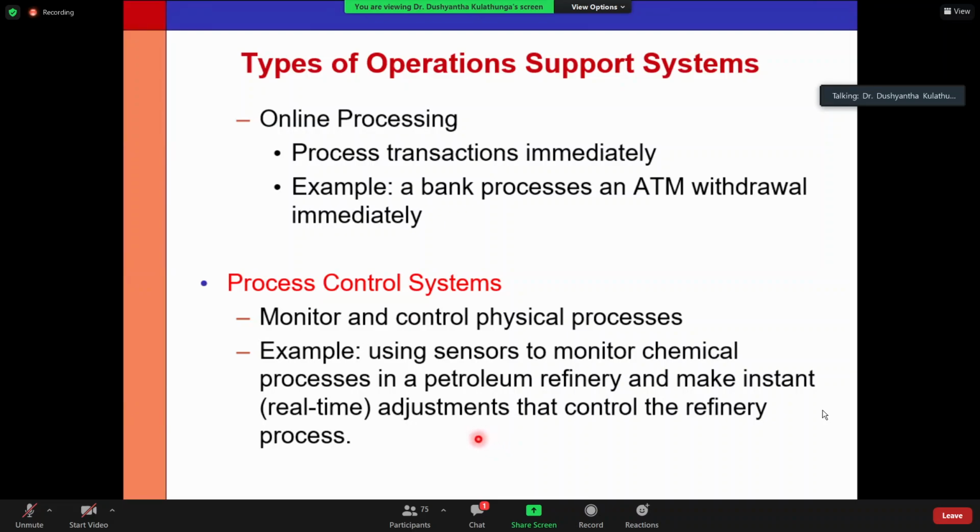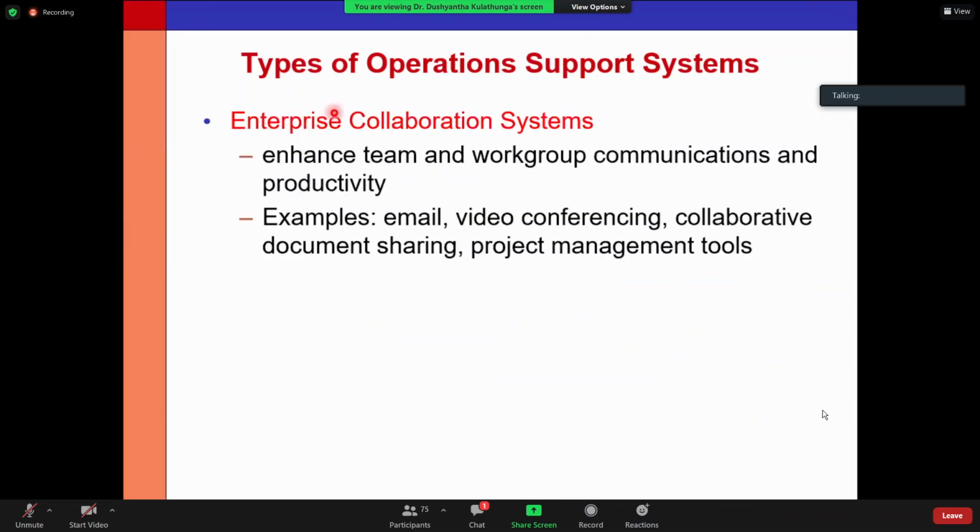Okay, shall we move forward then? Enterprise collaboration systems enhance team and work group communications and productivity. As you mentioned earlier, collaboration may be vital when the organization has different teams or groups working on different projects, focusing on achieving certain objectives.